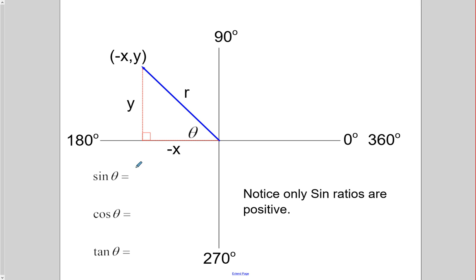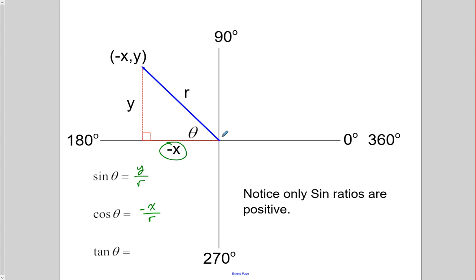So if I do, again, my sine theta, sine is opposite over hypotenuse. My opposite side is my Y, and my hypotenuse is R. So that's positive. For cosine, it's adjacent over hypotenuse. Well, my adjacent side is negative X because we've moved to the left of the origin. That's where X values are negative. So this is going to give us a negative value for our cosine ratio.